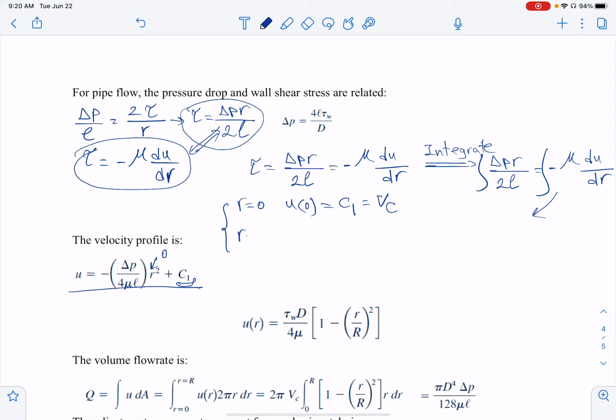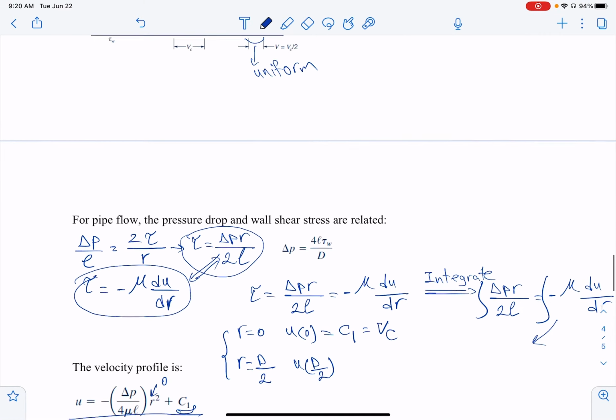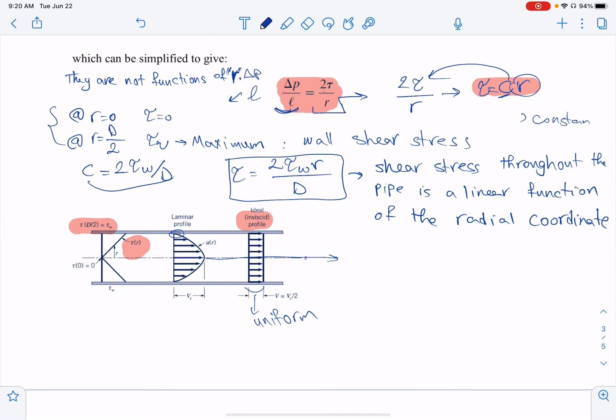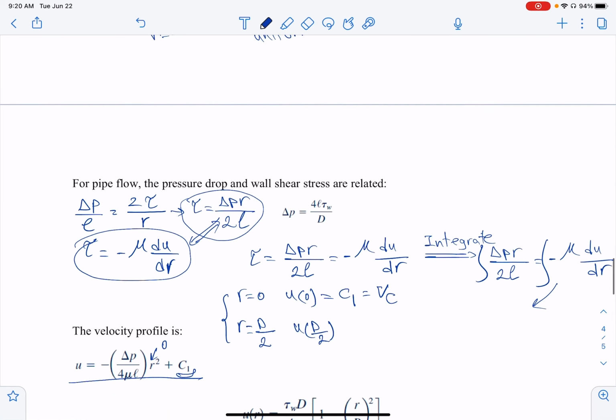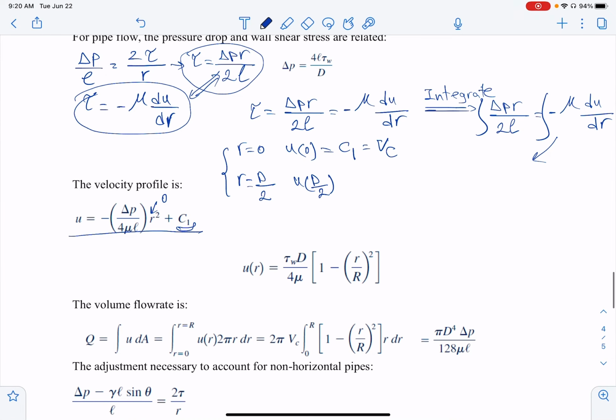And also at r equal to D over 2, which is at the wall, if we put D over 2 in this equation, we know that because of the no slip boundary condition, the velocity is 0, right, at the wall. So it should be 0 because of the no slip boundary condition.